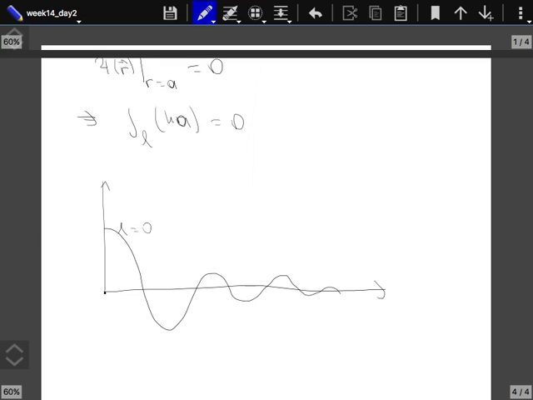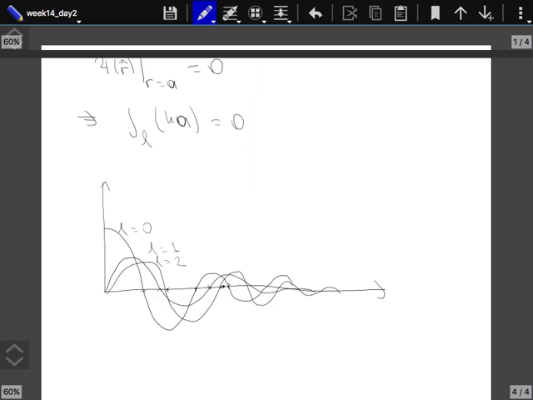For other l's, they start from the origin, and again they oscillate with a diminishing amplitude, etc. So you see, the points where the Bessel functions are 0 are not continuous. They become zeros at different points, depending on the value of l also.